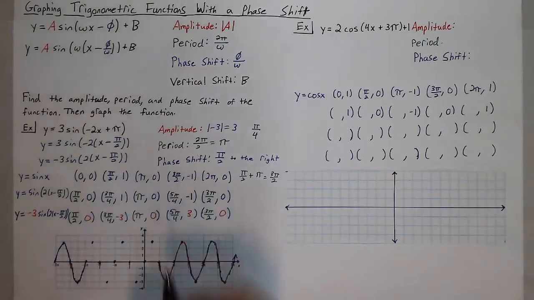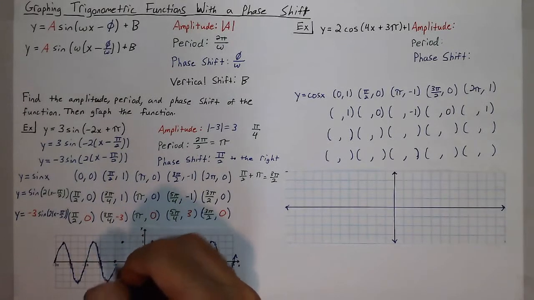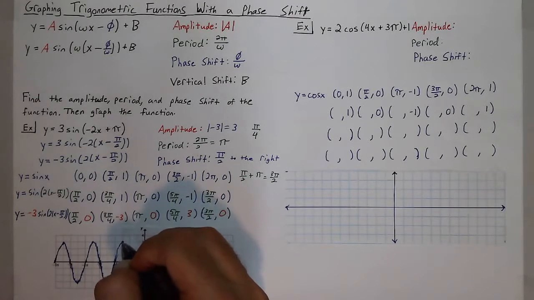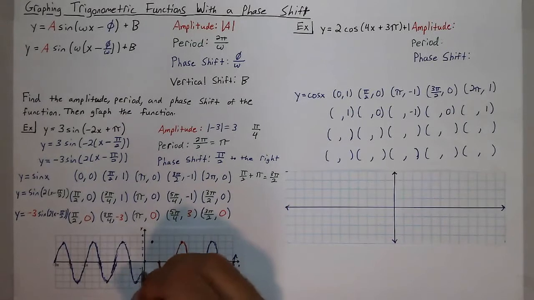You'll see here that this graph does look like a normal sine and cosine graph, but it would be hard to tell where it shifted to. But now you can see that it did shift to the right because now its starting point is where it is in red right now.